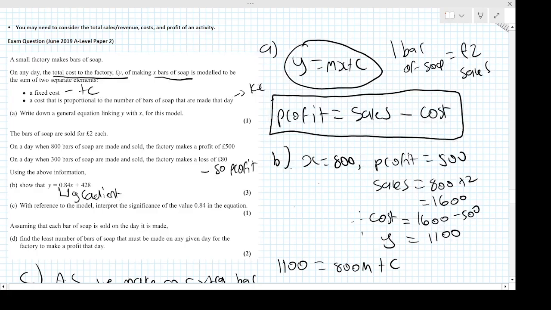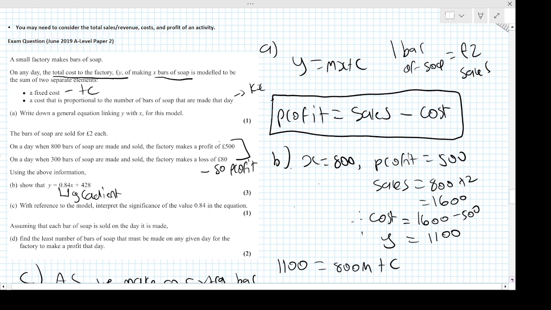They do expect you to know it, and hopefully that made some sort of sense there with the profit. But again, hopefully the main idea is you understand how we can model and how we can write stuff into linear equations, in y equals mx plus c form, and how then we need to extract information to substitute into our model.